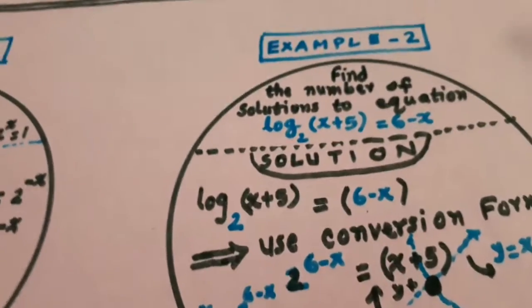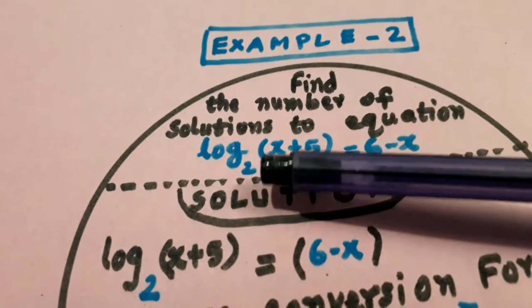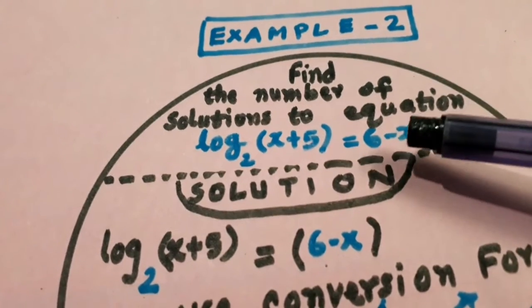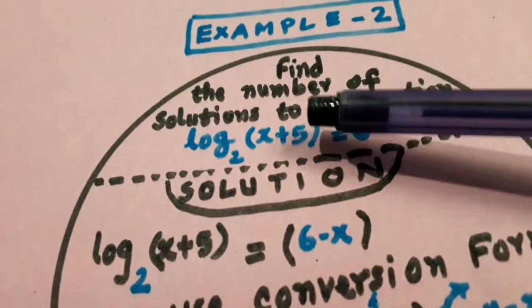Now let us go to example number 2. Look here. This is log base 2 of (x plus 5) is equal to 6 minus x. Now we can convert this.